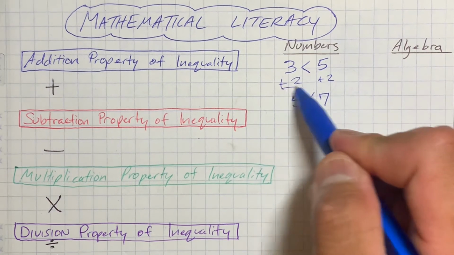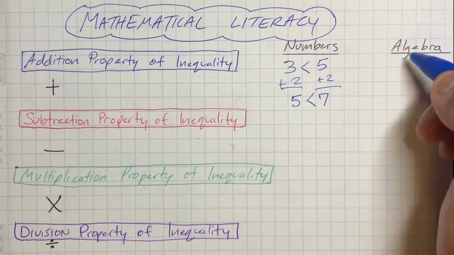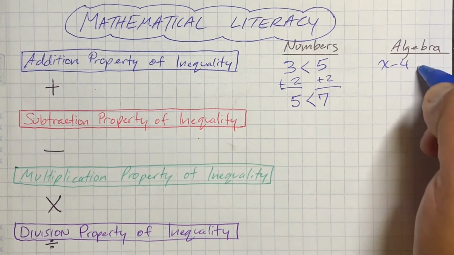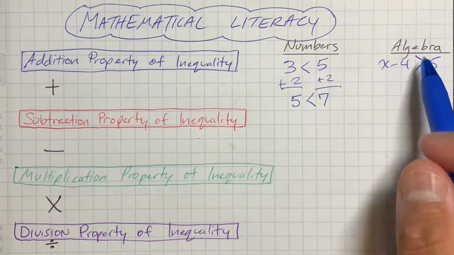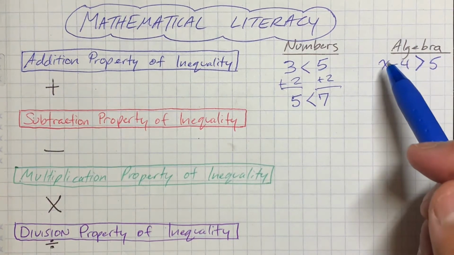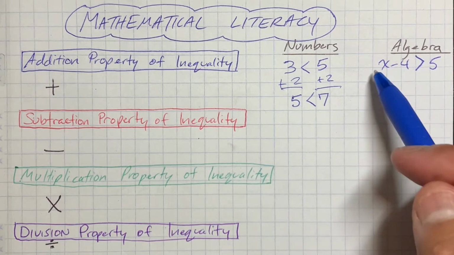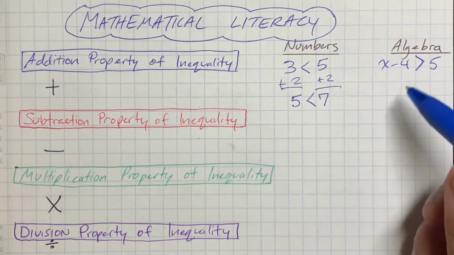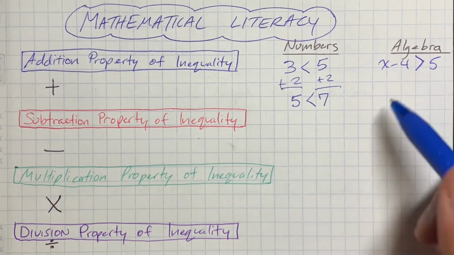Okay, so algebraically, if I have x minus 4 greater than 5, when we have algebra, we basically have letters in the numerical expression or equations. The only difference is we have an unknown value.